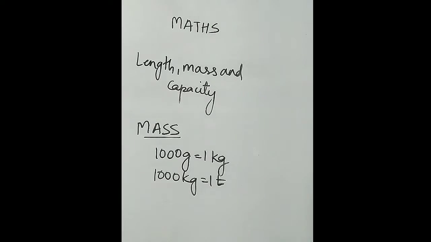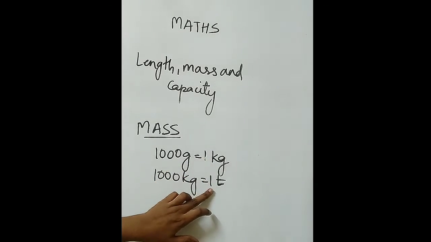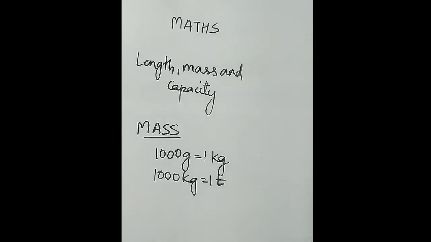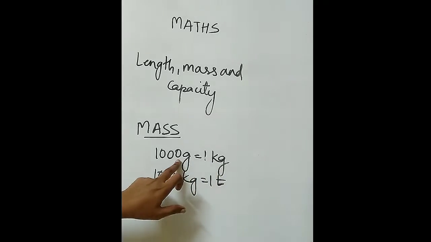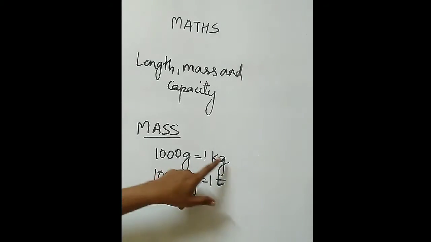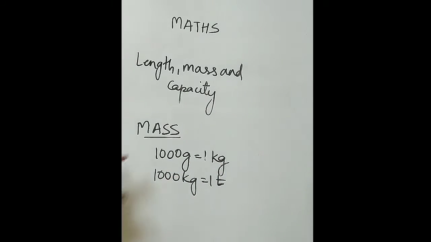Always remember kg is smaller than ton and ton is greater than kg. And you can say that kg is greater than gram and gram is smaller than kg. So these are the three units: gram, kg and ton. This is all about mass, which is related to weighing the object, how much weight it is.